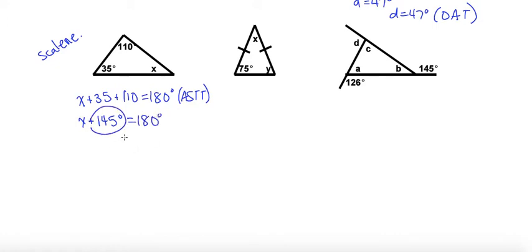I'm going to move over my 145 to the other side and subtract because it's adding on the left-hand side, so I'm going to bring it over. It's the opposite of that. So x is equal to 180 take away 145. And 180 take away 145 is 35 degrees.